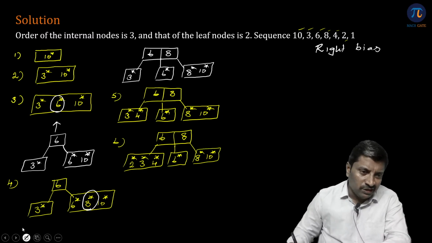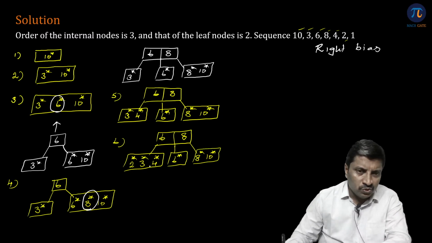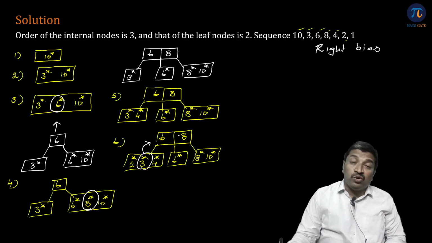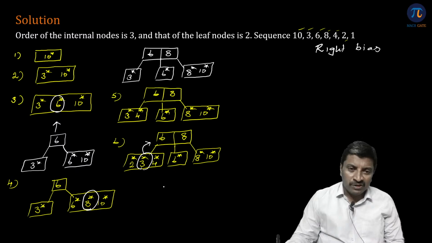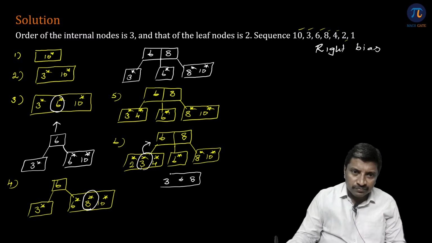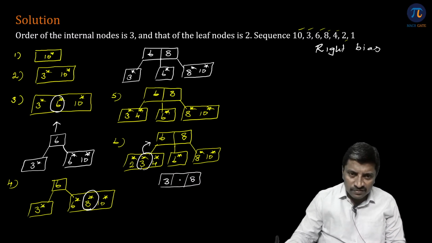What I need to move, sir? It is having more values. So I need to move this middle value to the next level. But please observe it. If I move this 3 to the next level, it is also having more values. Again, I need to split up. So first let me write it. 3, 6, 8. For 2, it is 2 star.